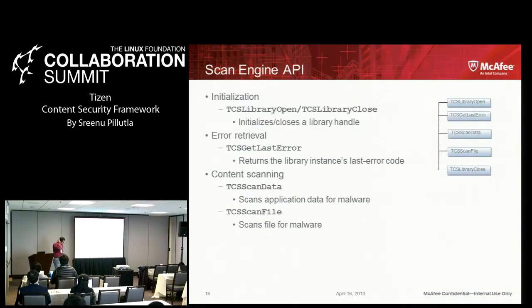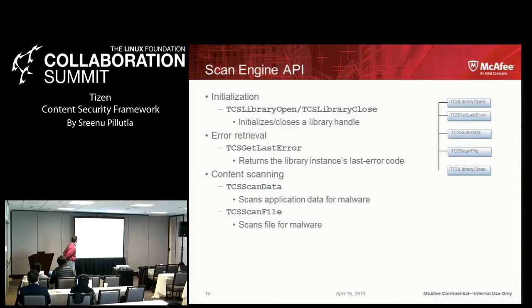So these are the APIs that I was talking to you about. There is a set of APIs for the scan engine as well as the site engine that the framework provides, which can be called by the applications themselves. Library open and close are very self-explanatory: they allow you to initialize the handle and close the handle.